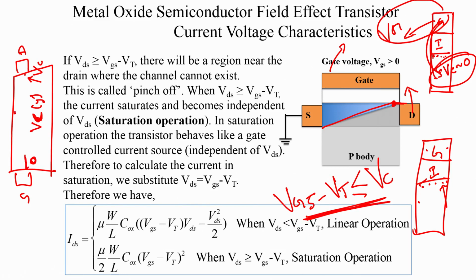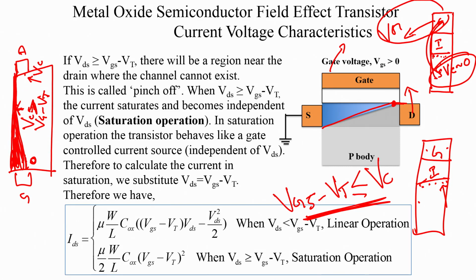But there will be a point where Vc becomes equal to VGS minus Vt. As you move between that location and the drain, Vc is always going to be greater than VGS minus Vt. So, throughout that region you cannot have an inversion, and the channel is said to be pinched off. You have electrons here, but beyond this pinch off point there are no electrons, because inversion has not happened.